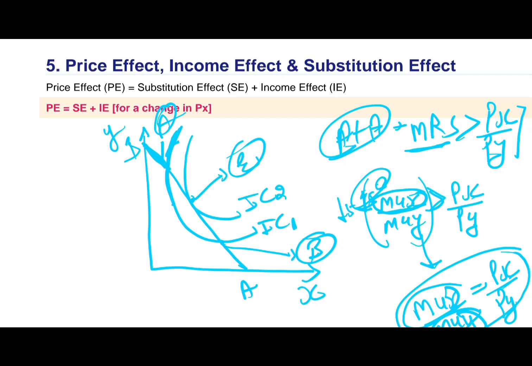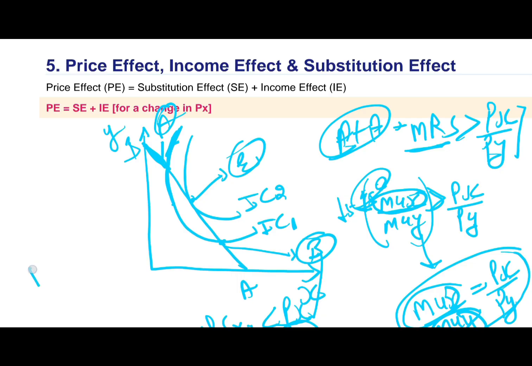It means the slope of the indifference curve becomes flatter, with more and more additional units of X, more and more units of Y will be given up. At point B, the marginal utility ratio of X and Y is less than the given prices PX and PY.